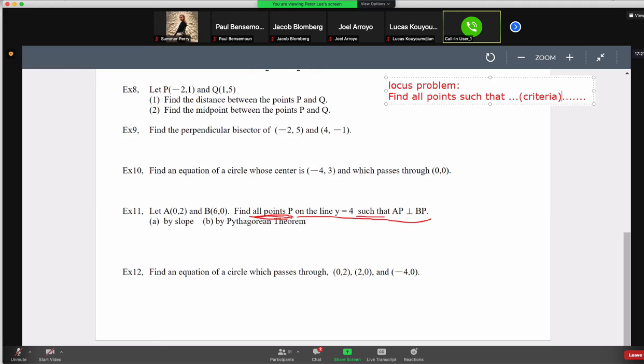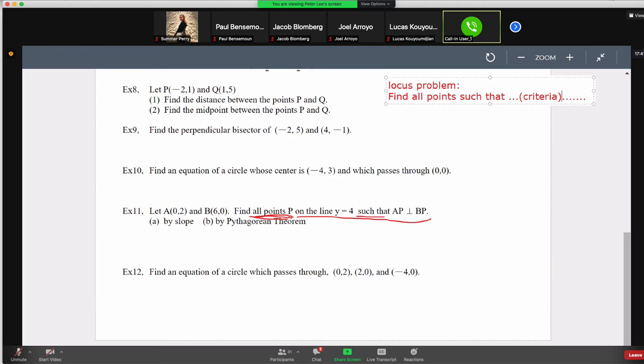So find all points such that, blah, blah, blah. This type of problem is very common, and you are going to see it a lot. You have already seen these kinds of problems in your pre-calculus class and your intermediate algebra class, but generally it's a general type of problem.